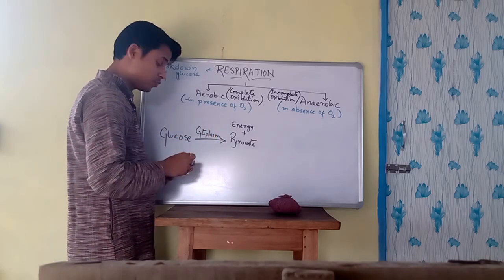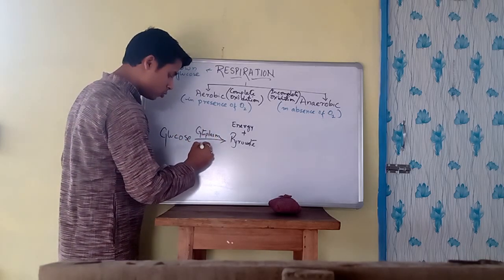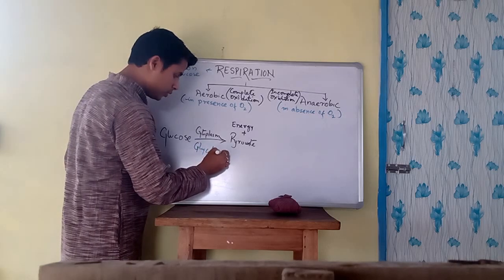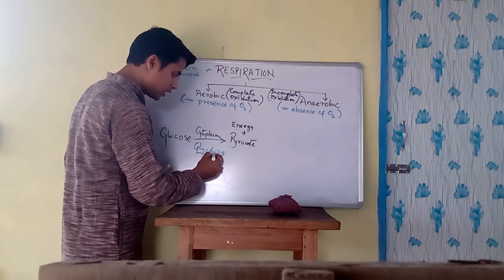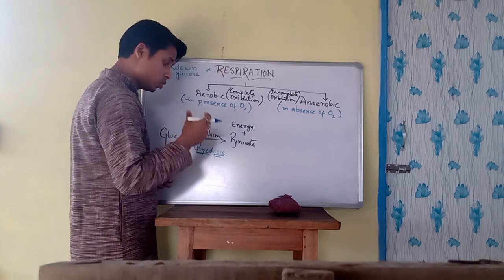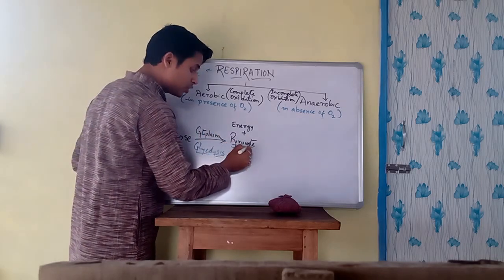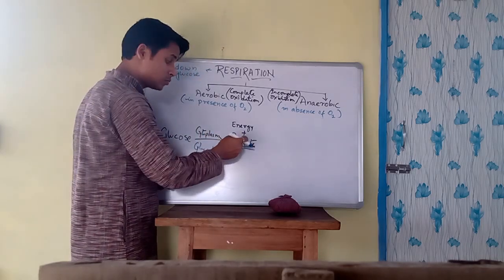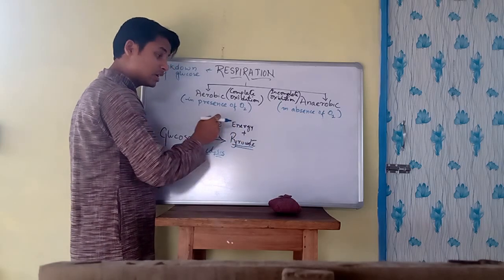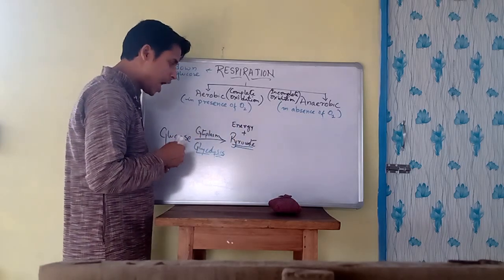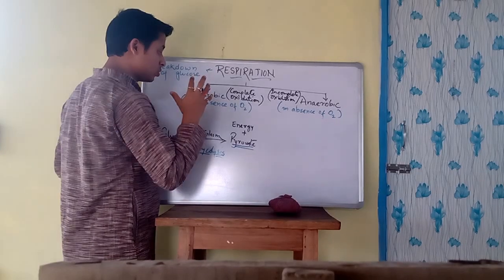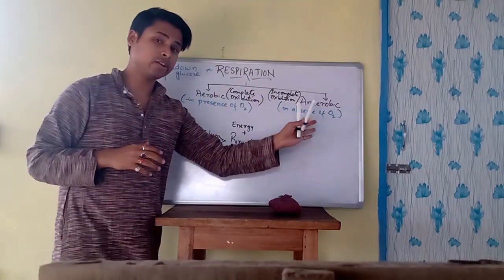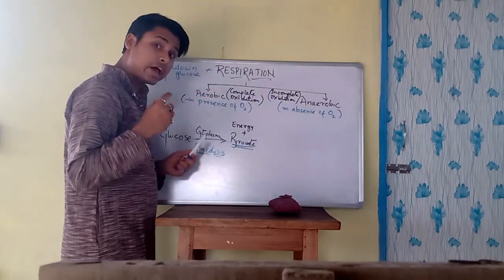In the cytoplasm, by the process of glycolysis, what will happen? Glyco means glucose and lysis means breakdown. So the glucose will break down and form a 3 carbon compound, which is pyruvate, and along with that it will release energy. Now it will take a turn whether it will go for aerobic or anaerobic. So first we will see the aerobic condition.